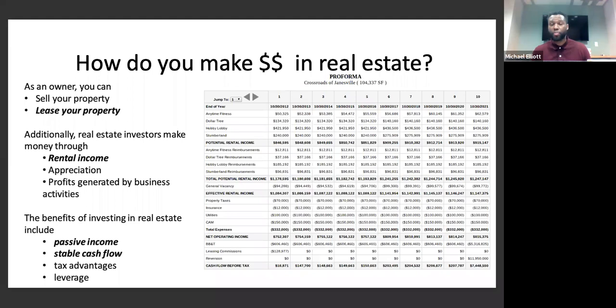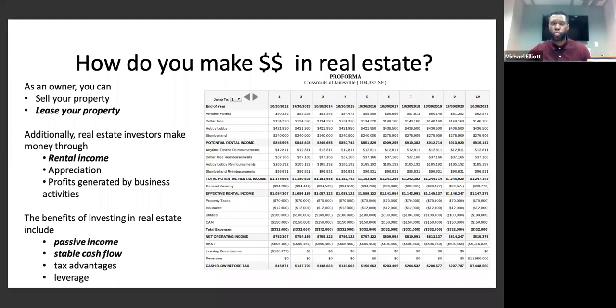And then you can lease out your property as well too. That's what many investors do. They purchase property, whether residential or commercial, and they lease out the various units at different price points depending on the square footage. Additionally, real estate investors make money through real estate income. When they lease out those spaces, the income that comes in, they are able to generate income.